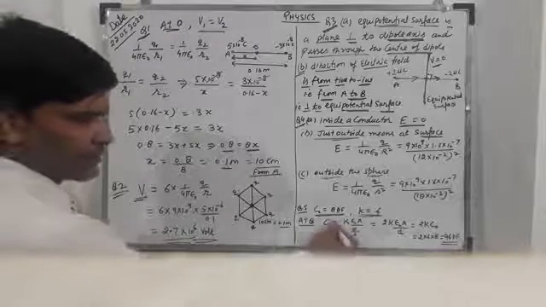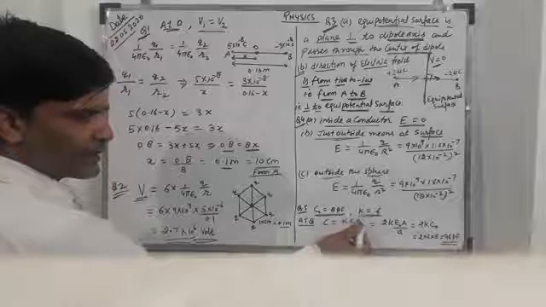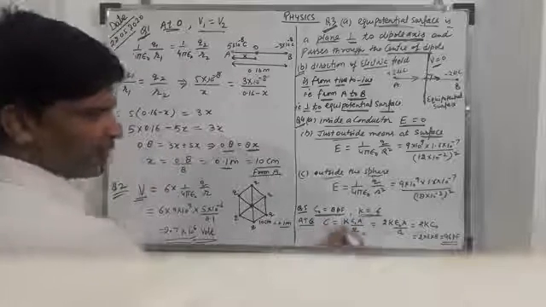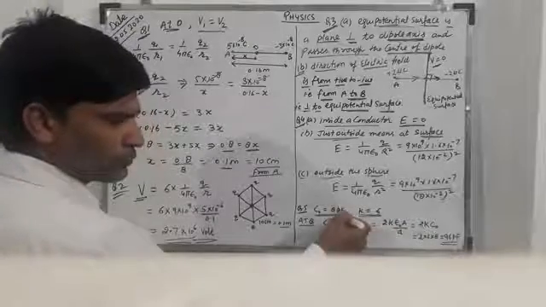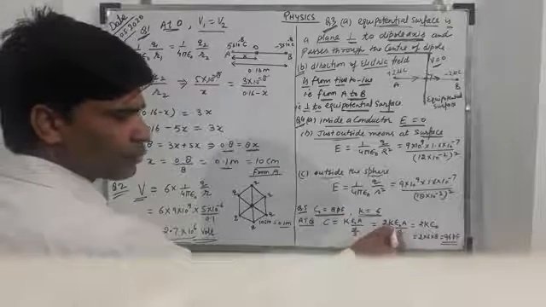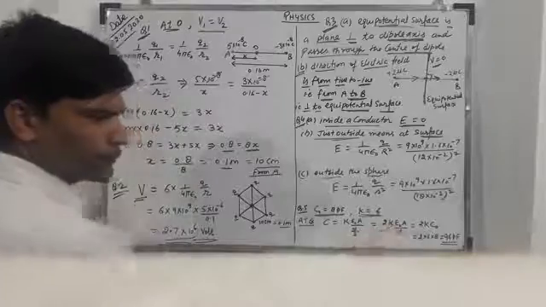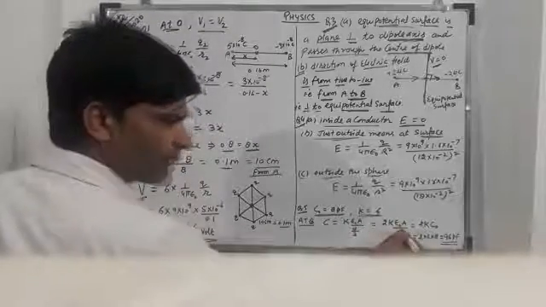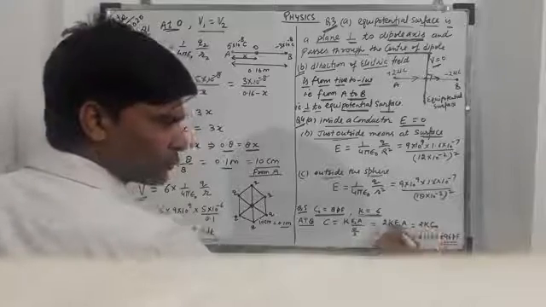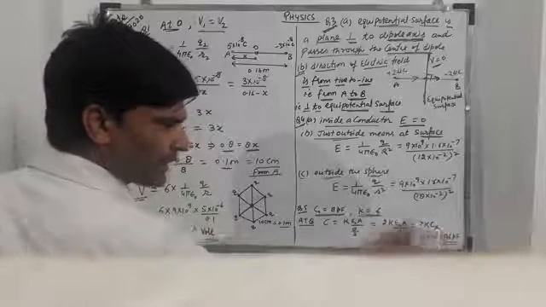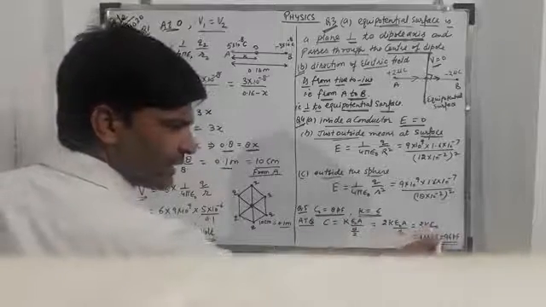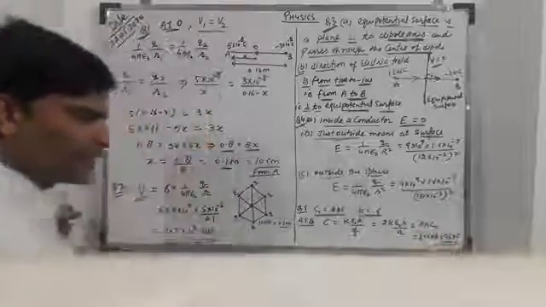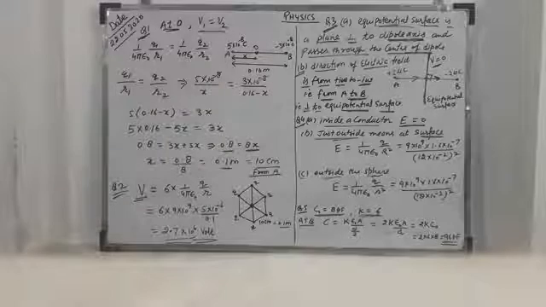Then we get C is equal to K epsilon naught A upon D upon 2, and this 2 goes to the numerator, so we get 2K epsilon naught A upon D. Epsilon naught A upon D is C naught, so 2K C naught, and the value of C naught is 8. So we get the answer 96 picofarad.